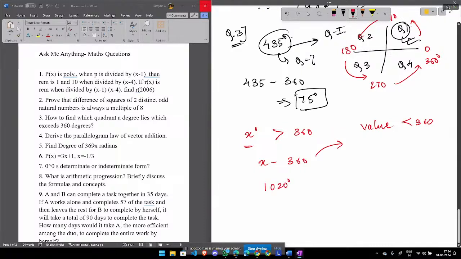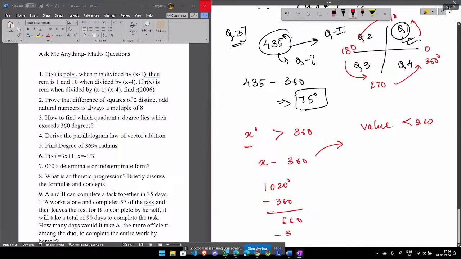Suppose my x is 1020 degrees. In this case, from 1020 we'll keep subtracting 360, or any multiple of 360, until the number is less than 360. So 1020 minus 360 leaves me with 660.